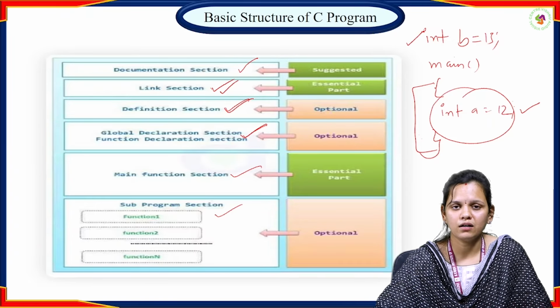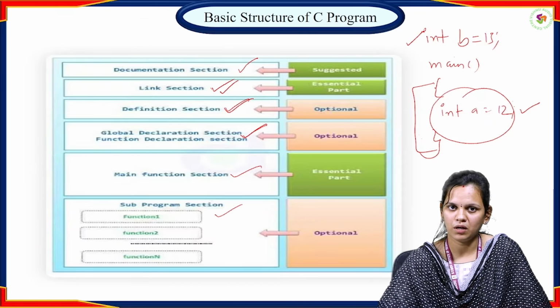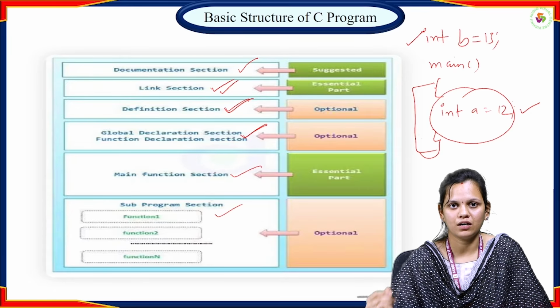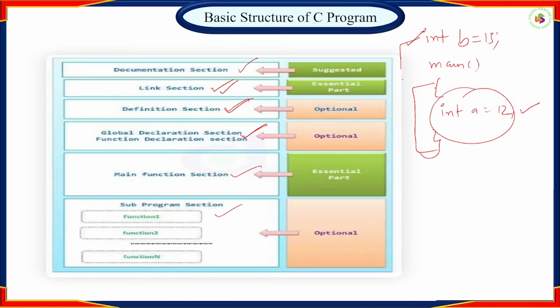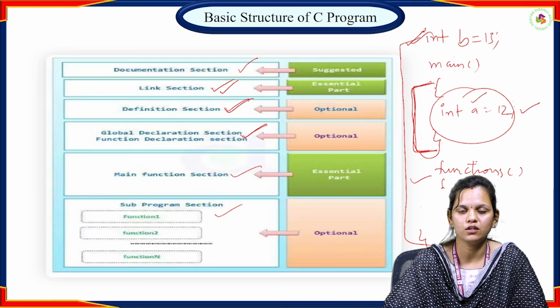Whereas if I declare the variable outside the main function, at the global declaration section, this variable can be used throughout the program. Even if I write any user-defined functions here, I can use this variable in those functions also. But the local variable cannot be used in these functions, as its scope is only inside these curly braces. So this is the difference between the local variable and the global variable.